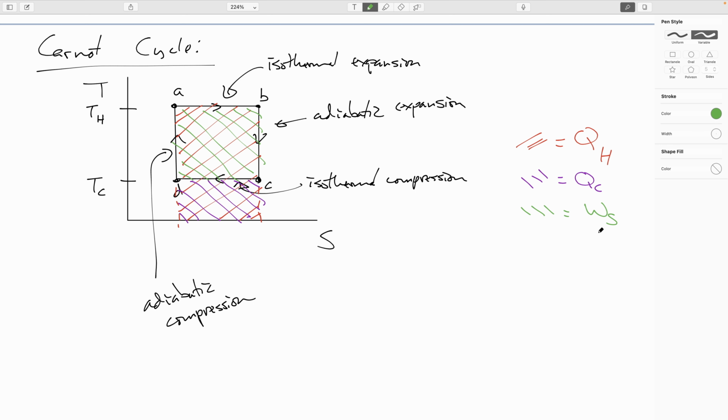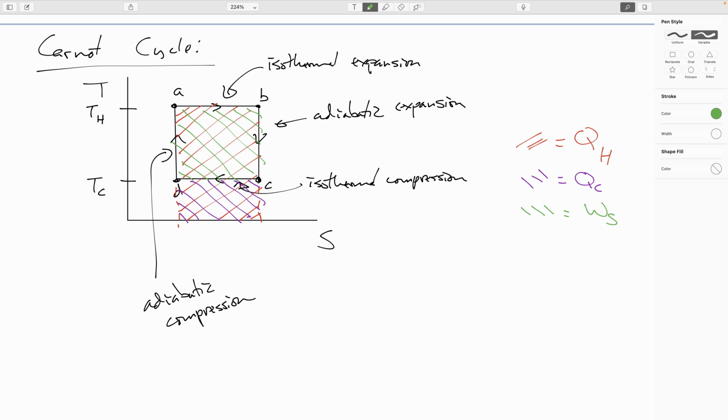So that's the useful work we get out of the system. And since we're running clockwise, that's positive work. This is a heat engine. If we were running it counterclockwise, that would be negative work, meaning that work was being done on the system. Then we would be running it backwards as a refrigerator.